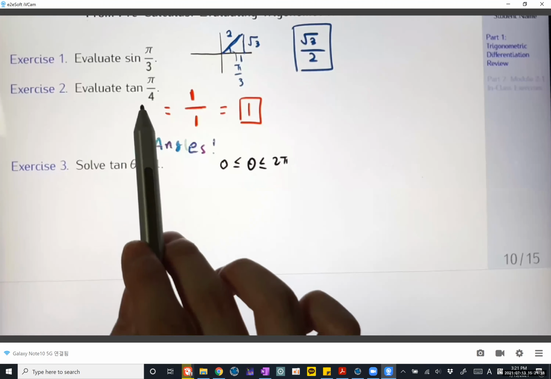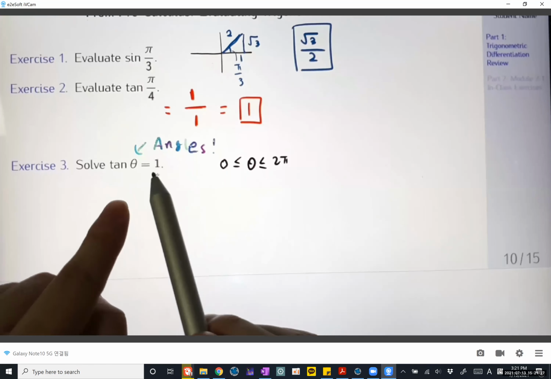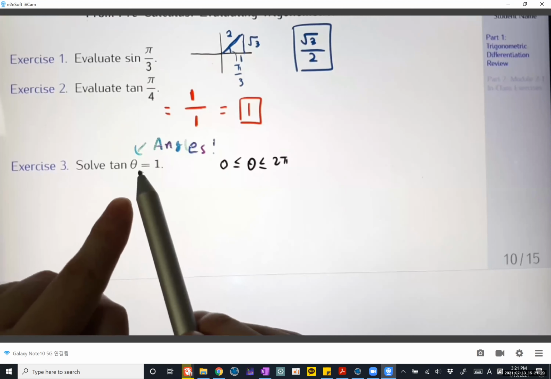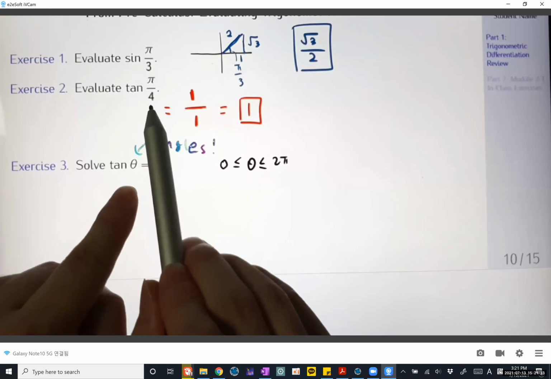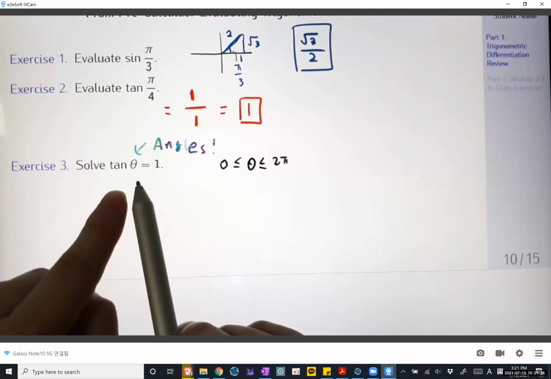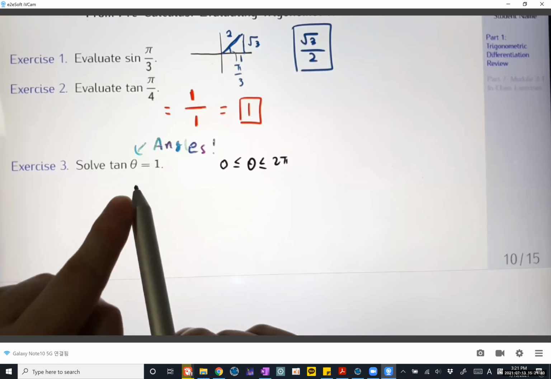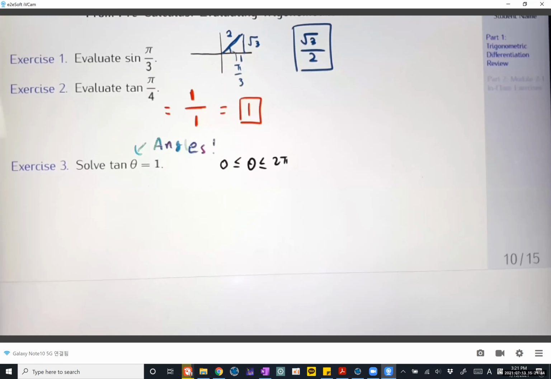I see what James is saying. Everyone, do you think we can just reverse exercise 2 so that theta is equal to pi over 4? Actually, pi over 4 is a right answer. Oh, okay. You didn't mean that.